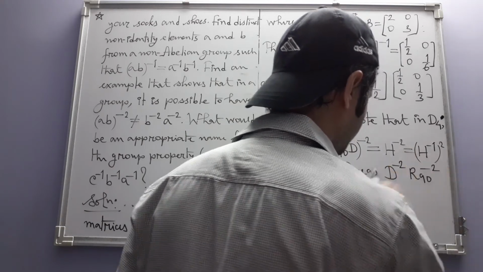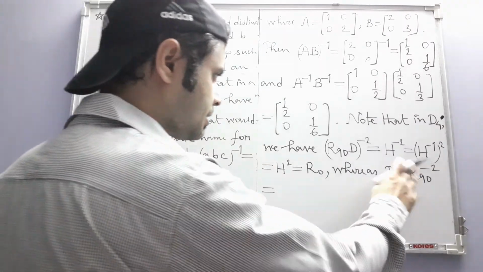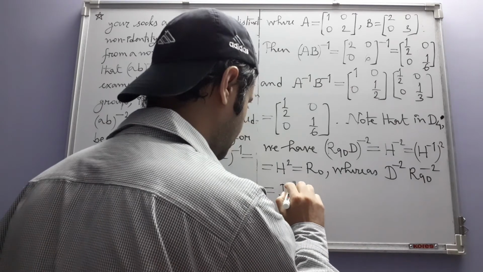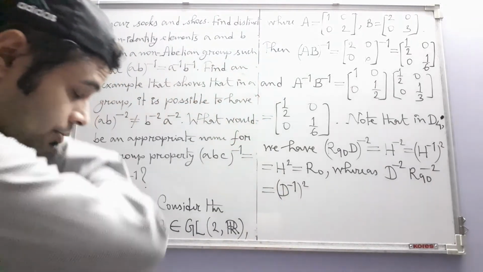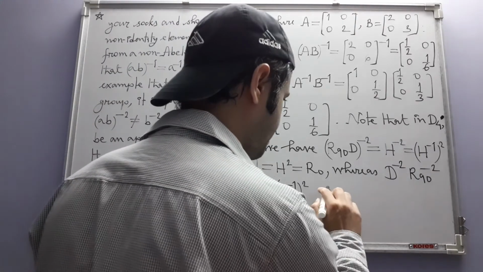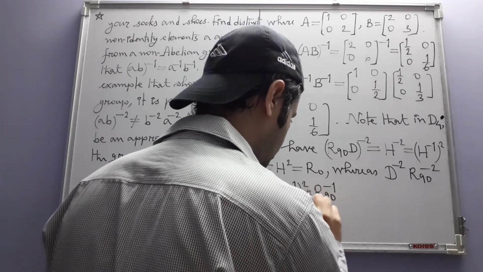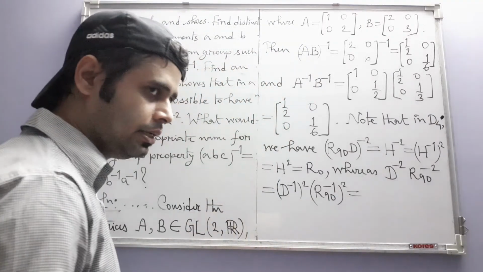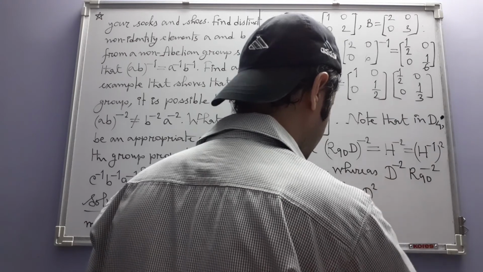R90 to the power minus 2. This becomes just like, D is also a reflection. Anyway, let's just write all the steps so that there is no chance of confusion. Okay, now D is a reflection, so D inverse is D itself.